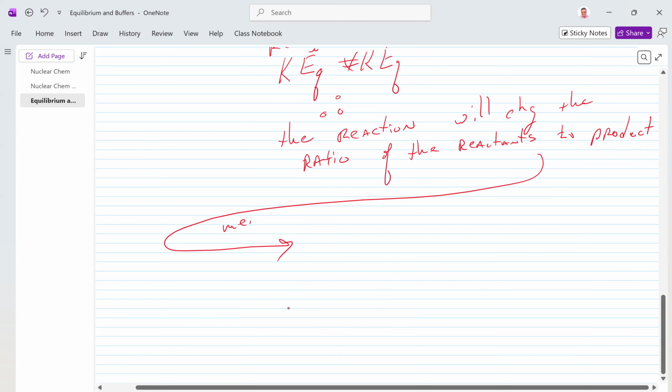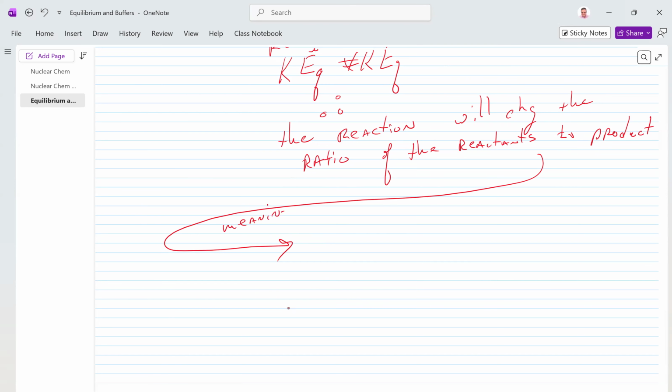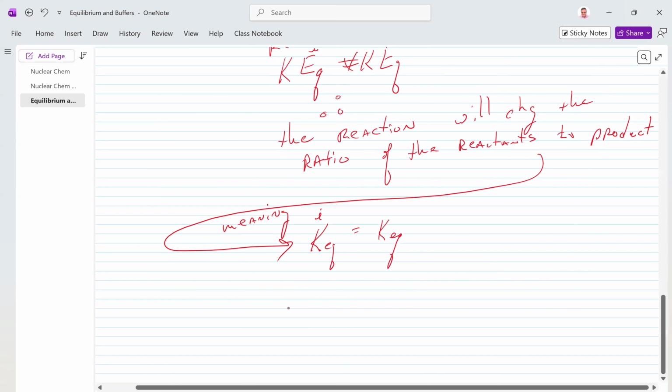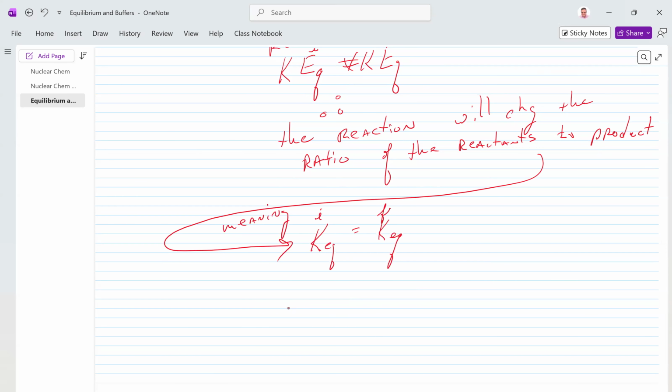Meaning the KEQ initial is now equal to KEQ final. So when you change the reaction, now you're going to be doing this in the lab Wednesday, Thursday.